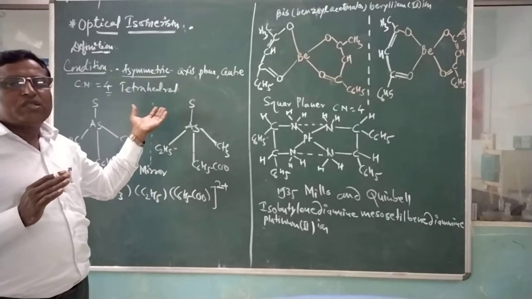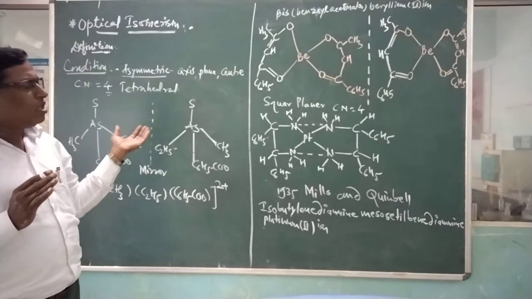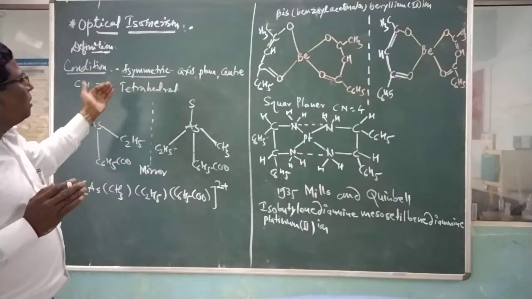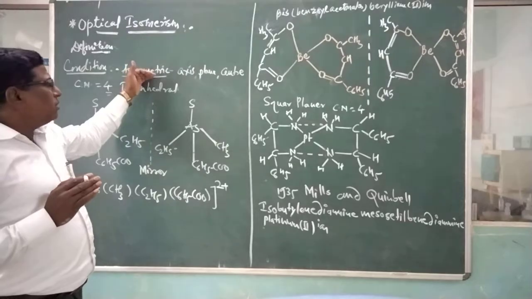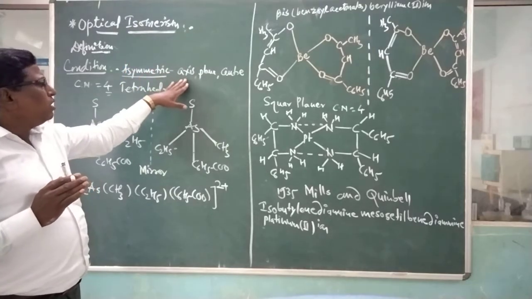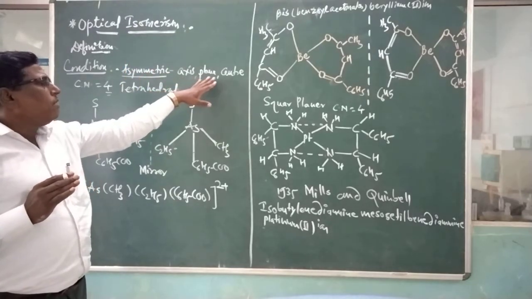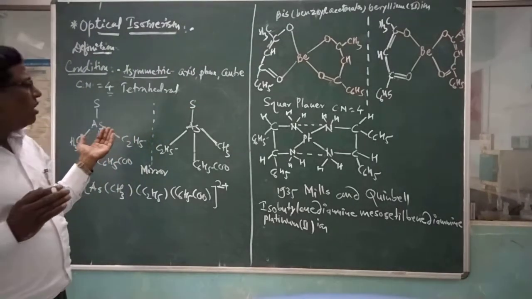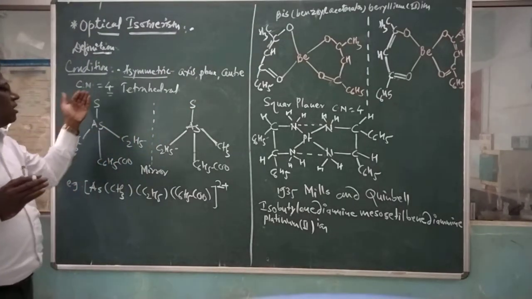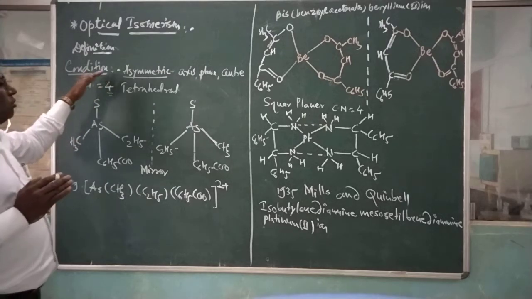Asymmetric means it doesn't possess a plane of symmetry, axis of symmetry, or center of symmetry.